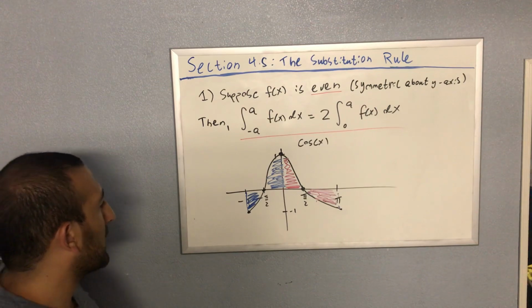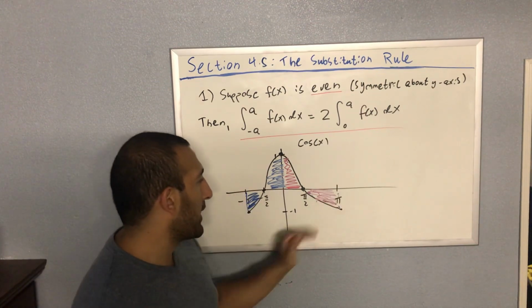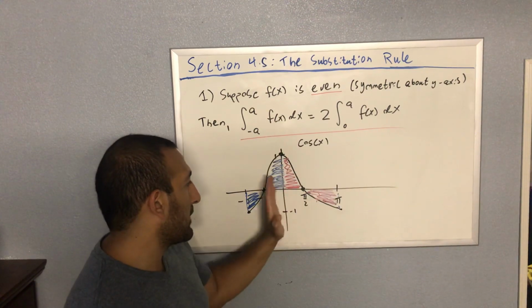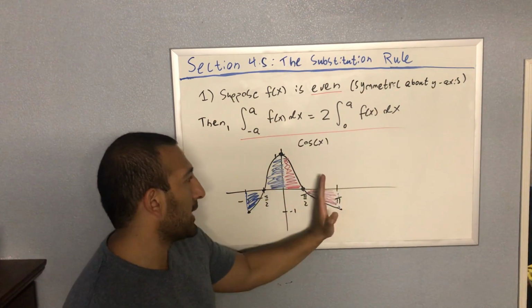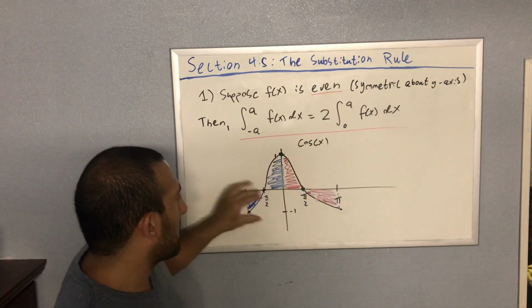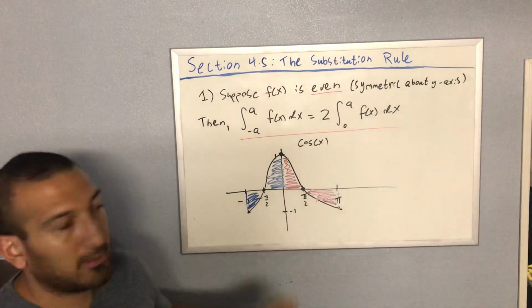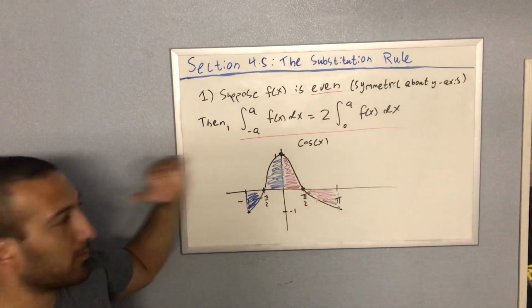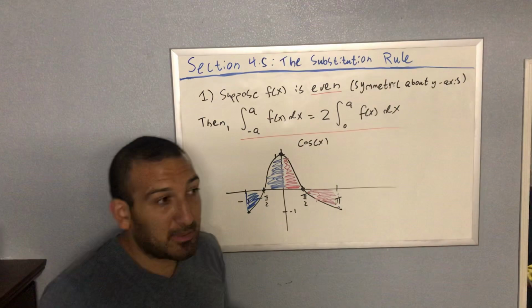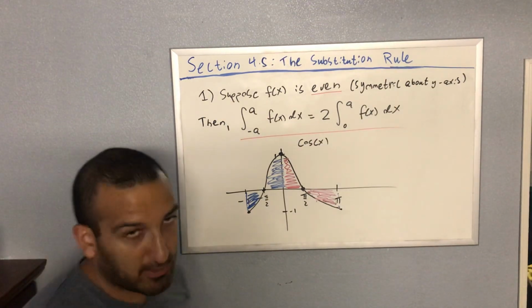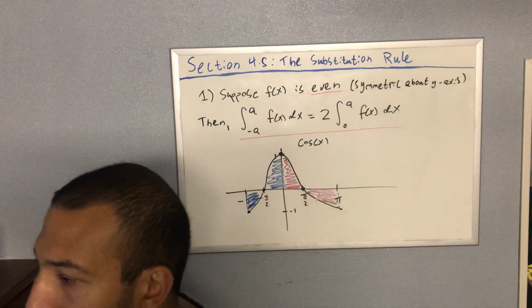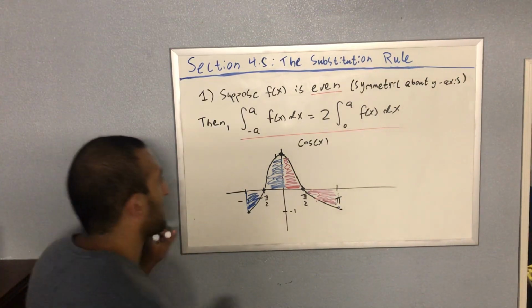So instead of going from negative a to a, or in this case negative pi to pi, you can just integrate from 0 to pi, or 0 to a, and just double it, because this area is the same as that area, so the overall area is just doubling it. That's all that this is saying. So again, this may seem like a who-cares type of property, but it's very powerful. And now arguably the next property is even crazier.